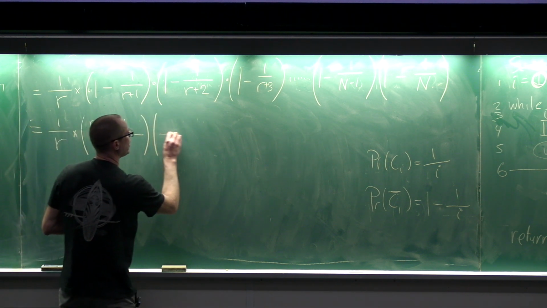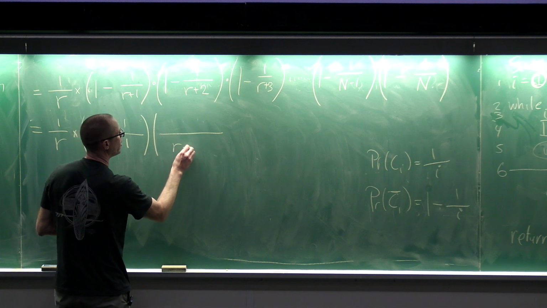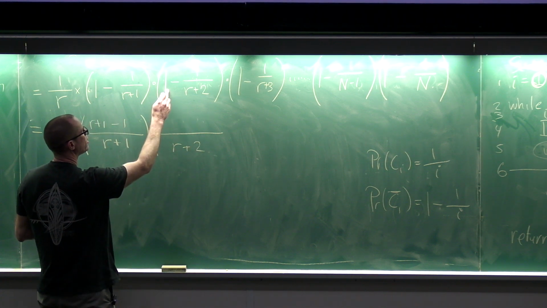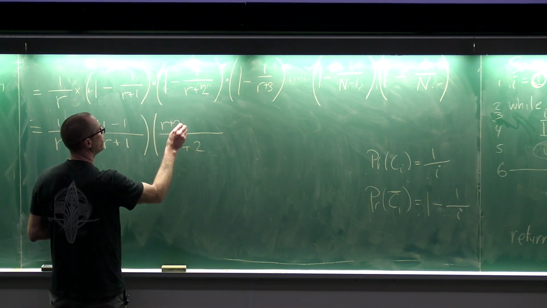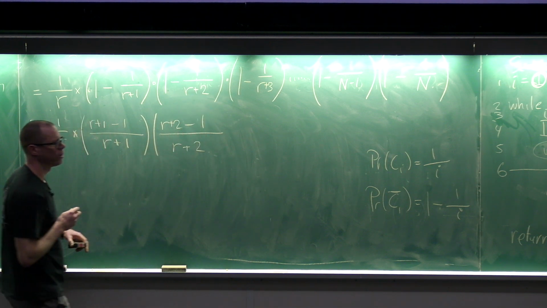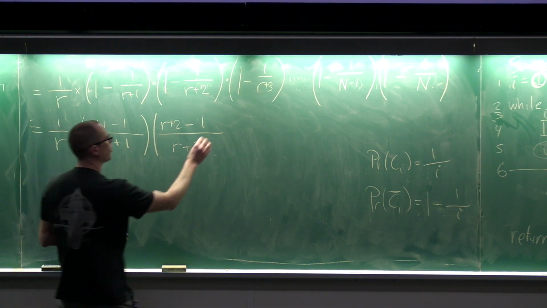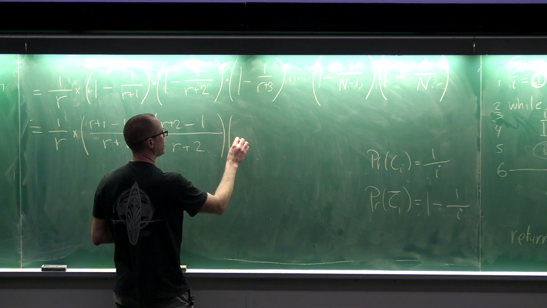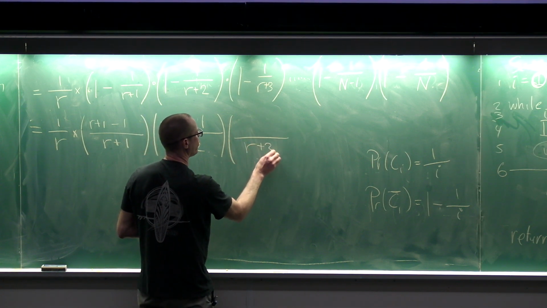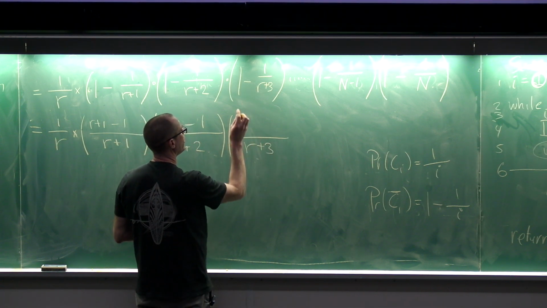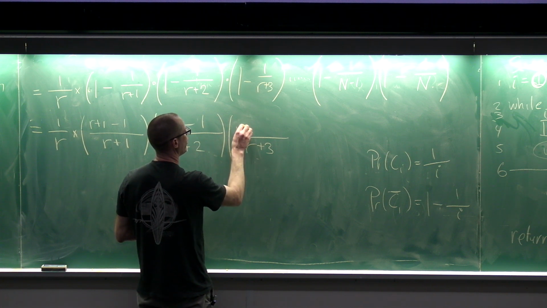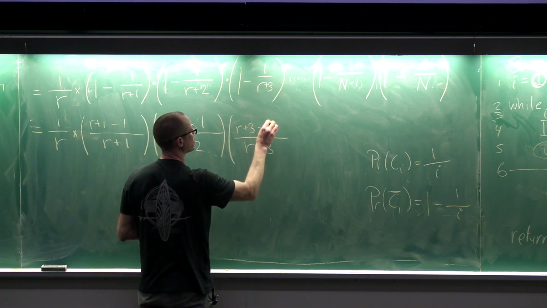Okay, let's do the same thing here. We want an R plus 2 on the bottom. So on top, we better have an R plus 2, but then we subtract 1. So we get that thing there. And then the same thing here. We put an R plus 3 on the bottom. On the top, we should have an R plus 3, but don't forget to subtract the 1.